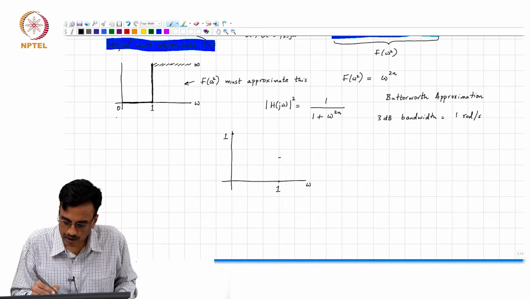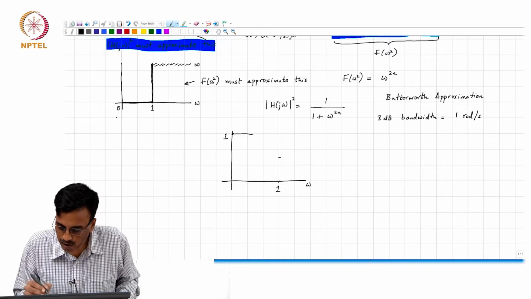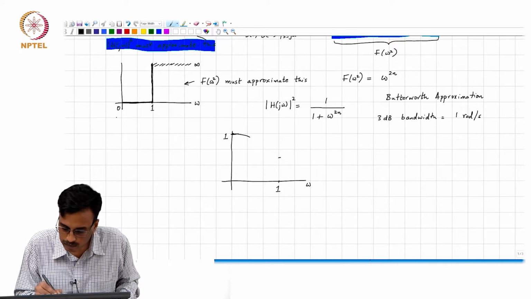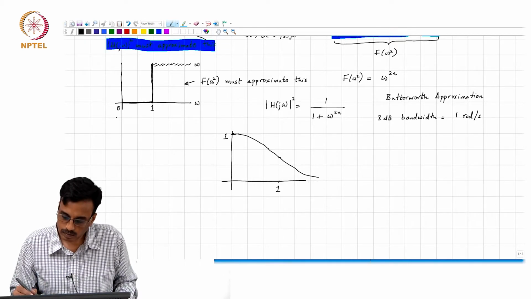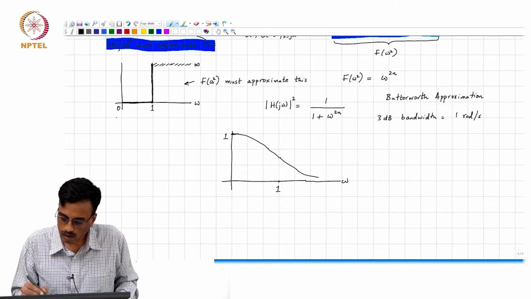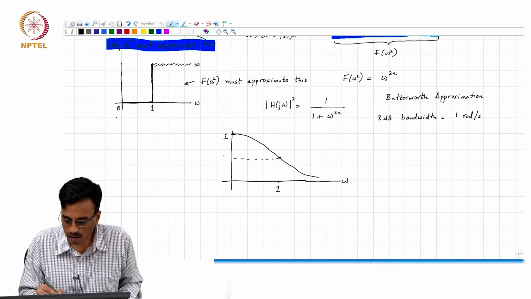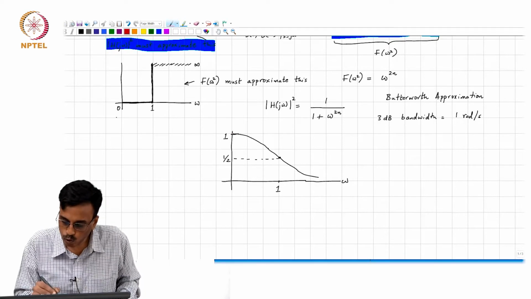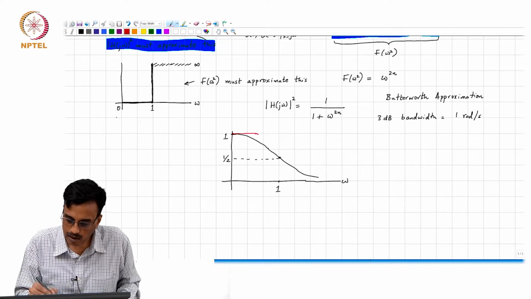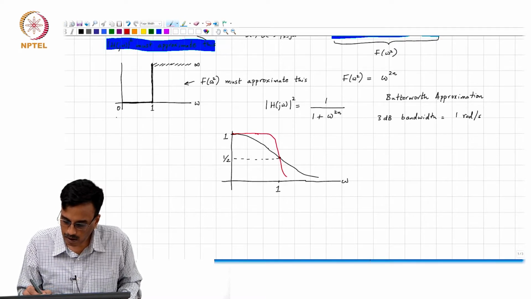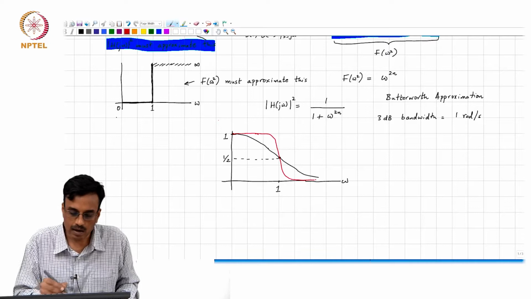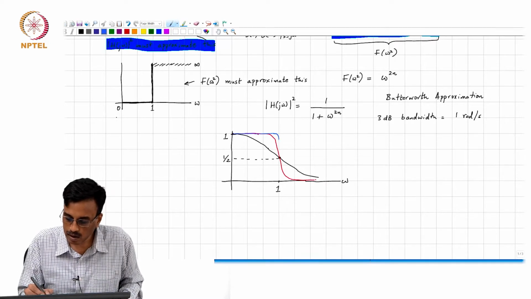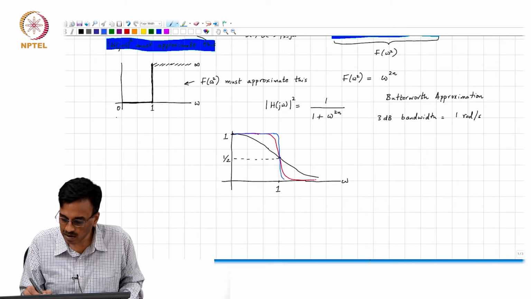Does it make sense? And so, for different values of n, for n equal to 2, for instance, let us say this is the one for n equal to 1. n equal to 2 will be flatter in the passband and sharper in the stop band, and as you keep increasing n, you will eventually achieve the ideal.